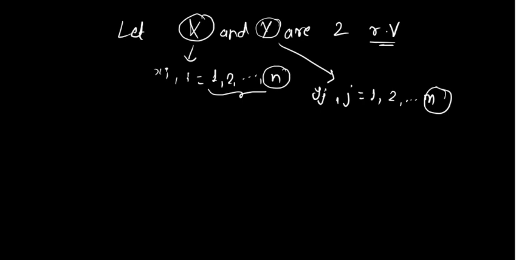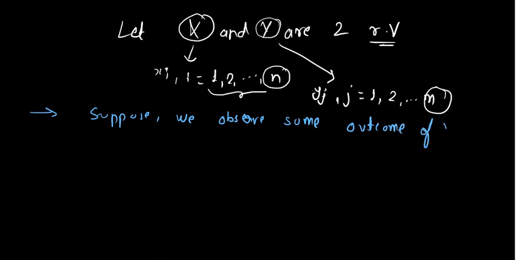Now suppose we observe some outcome of y, let's say y equals yj.